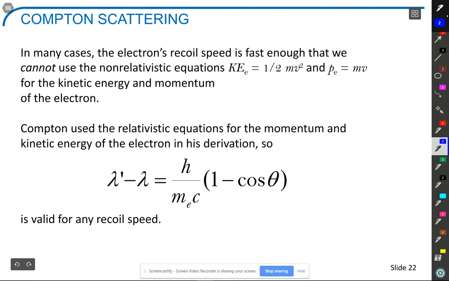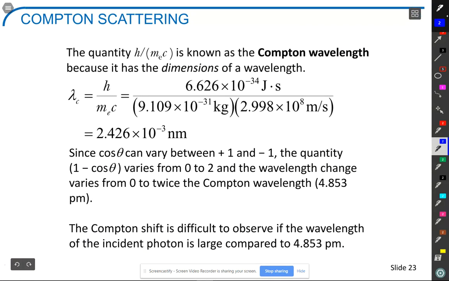That thing out front, Planck's constant over mc, we call the Compton wavelength. The Compton wavelength is 2.426 times 10 to the minus 12 meters, or about 2.4 picometers.